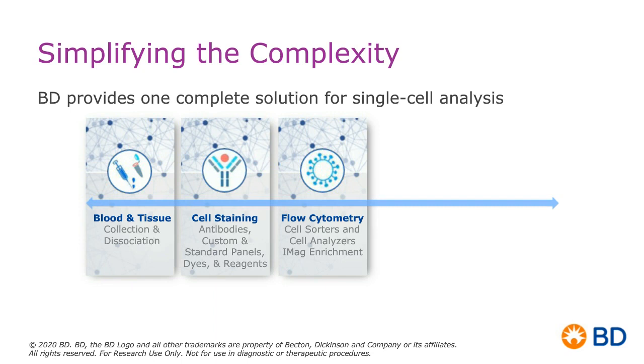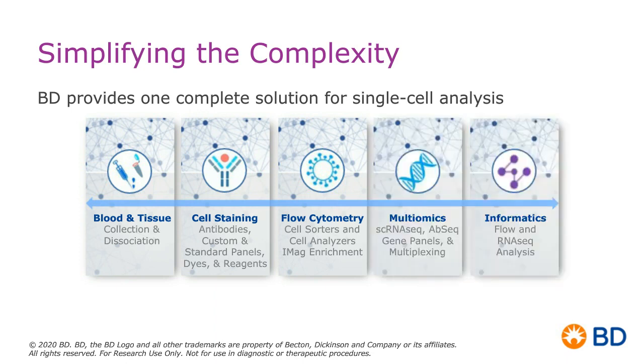Everyone's very familiar with cell staining, how to basically stick an antibody onto a cell, as well as flow cytometry, cell enrichment, and cell sorting. And the new area that I want to highlight, to show how you can use these technologies and how they can integrate into your workflow, is the multiomics aspect, which is the BD Rhapsody system we'll be talking about, as well as our informatics for analysis for flow and RNA sequencing analysis.